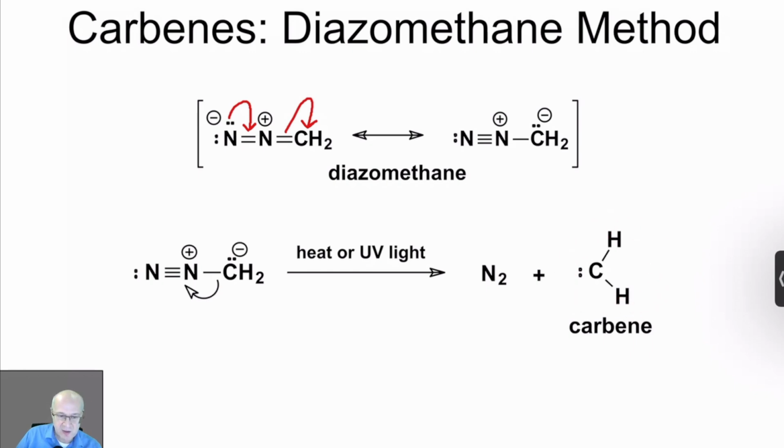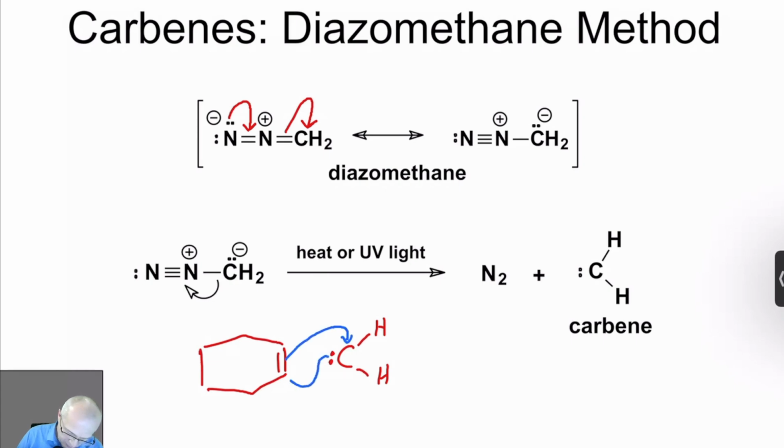And this carbene can go ahead and react with an alkene. So for example, now the carbene can approach the alkene from the top or the bottom, just like before. So now the pi bond will attack the carbene and the lone pair will attack the alkene.